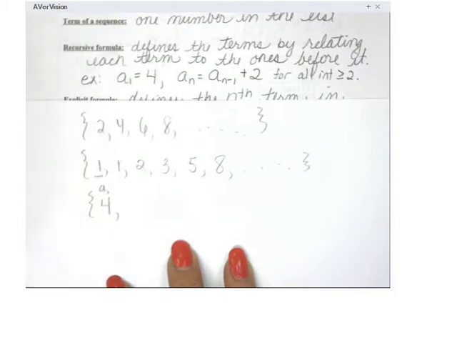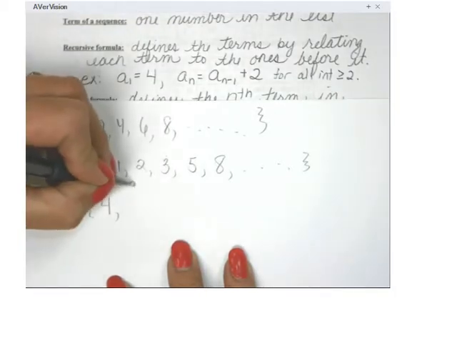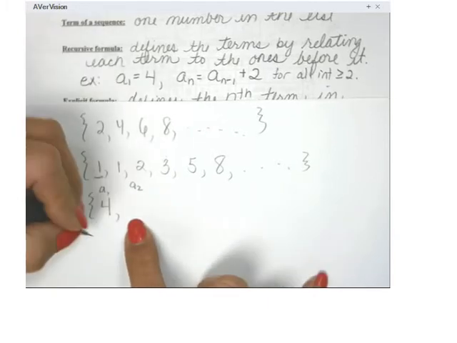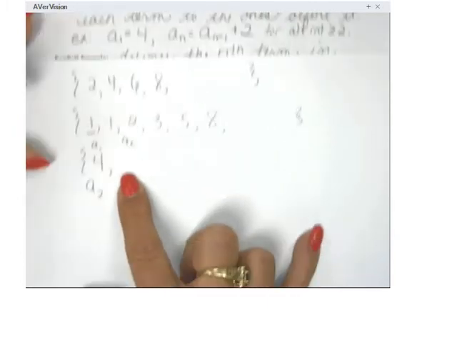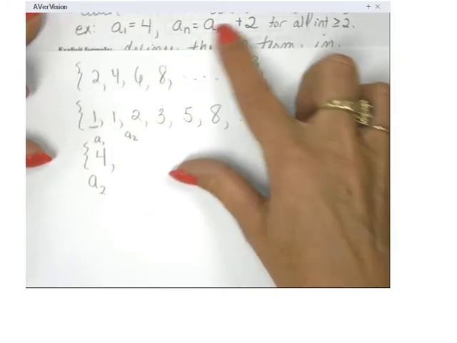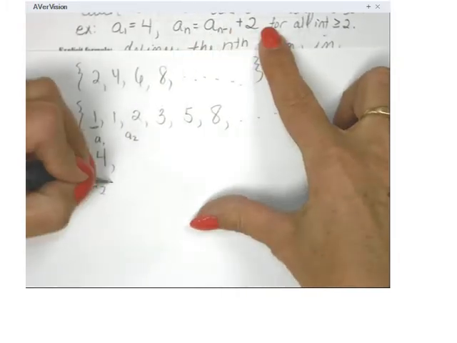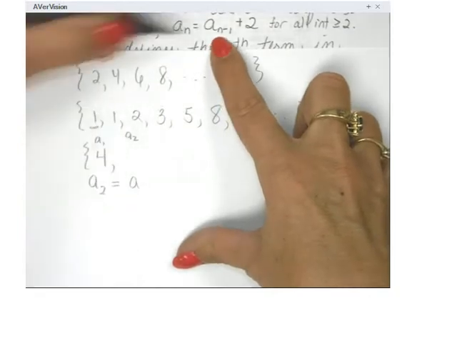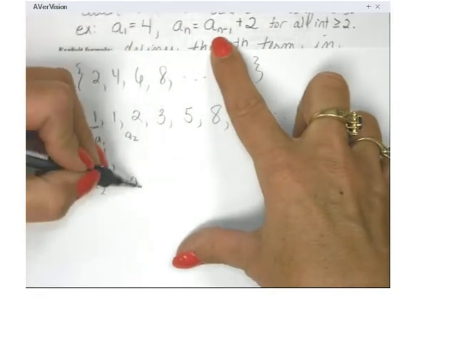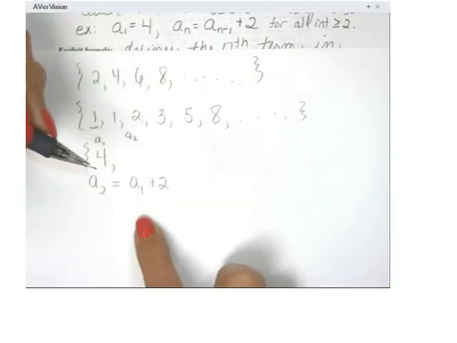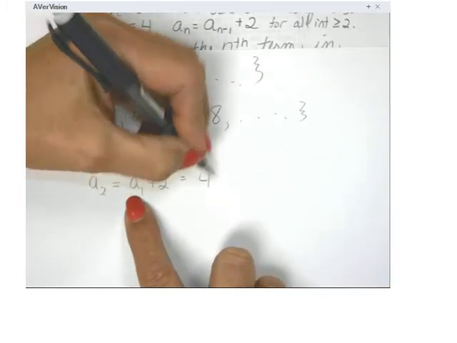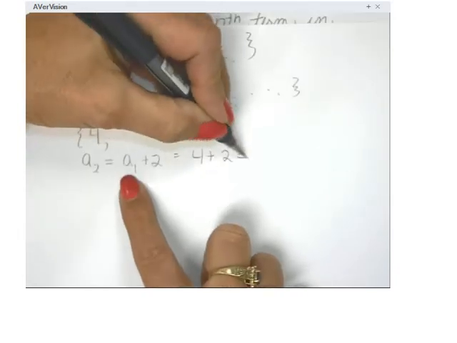We'll call him a sub 1. The second term would be in the second position, and we have the next number. Now, how do you find a sub 2? We find a sub 2 by using this rule. We find a sub 2 by finding a sub 1 and adding on 2. So we need to take the first term, add on 2, and that gives us 6.